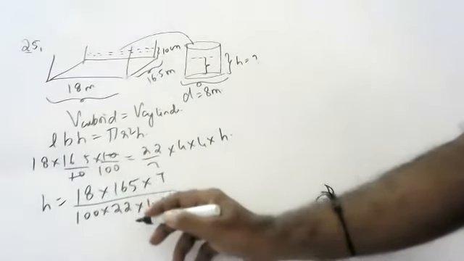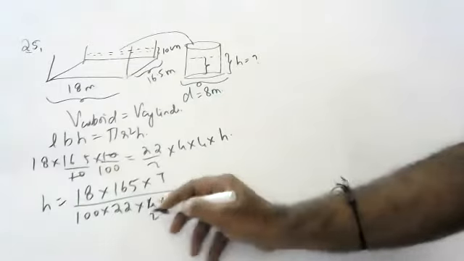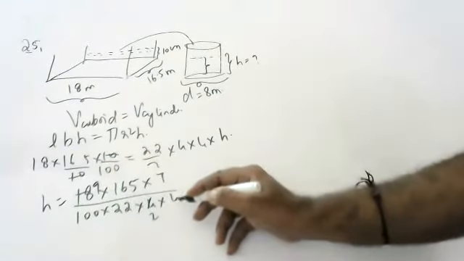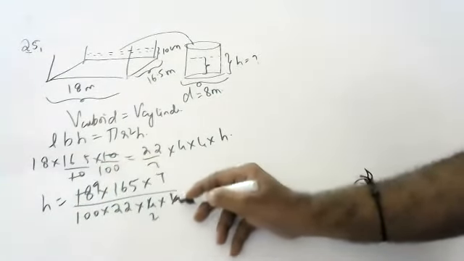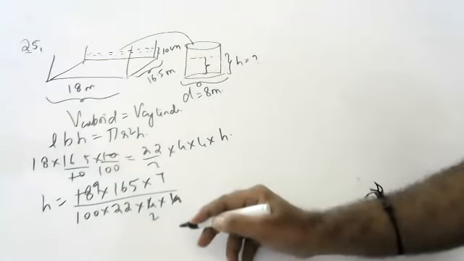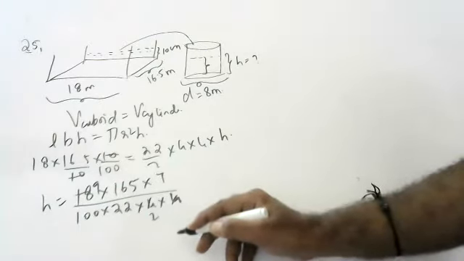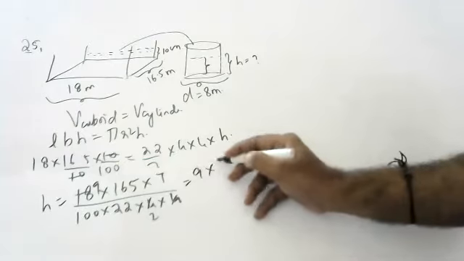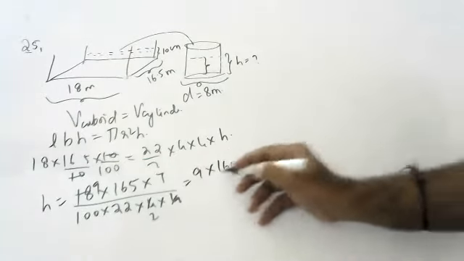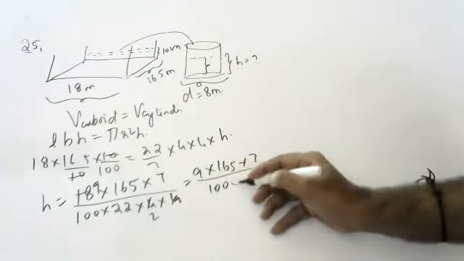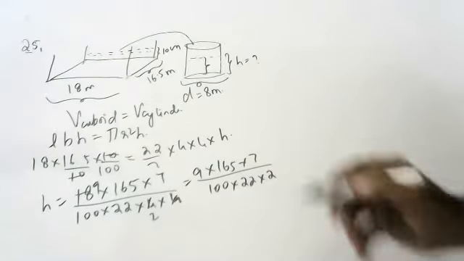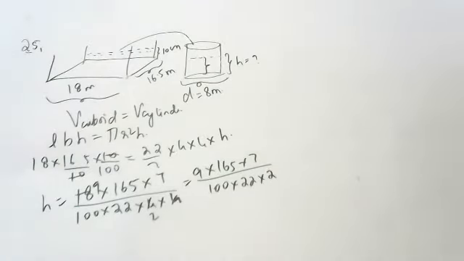Okay, how much? If you look, 2s are, 9s are, 4 is there. So 9 into 165 into 7 by 100 into 22 into 2 is there. Is anything going, children? Anything we can simplify? Sir, 100 and 165 we can simplify, sir.